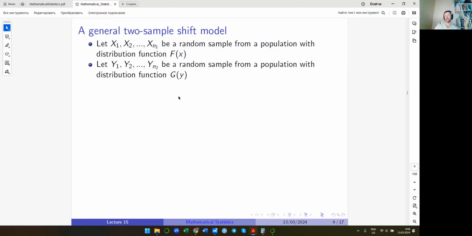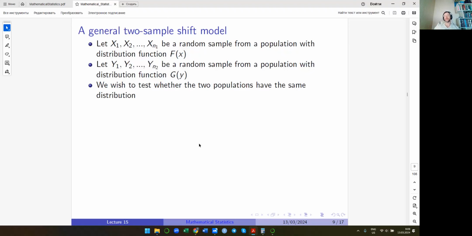And there is another sample, y1 to yn2. So the sample sizes might be different. This is another random sample from a population with another distribution function, G of y. So there are two distribution functions. We don't know their shape, we don't know their parameters, and we don't care about them.